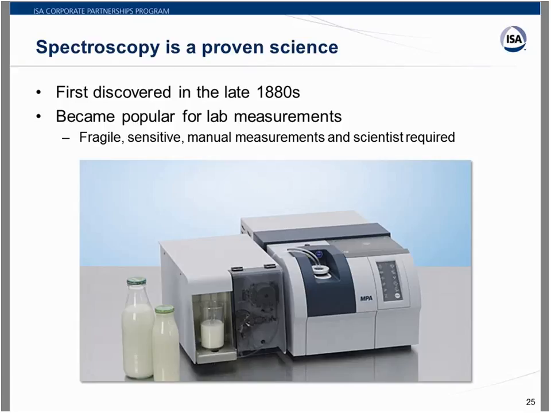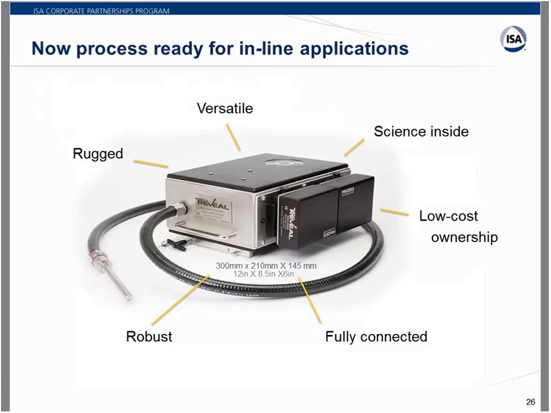But there are now ways that you can actually put this into process, and in order to put this into process, you have to make it rugged, versatile, everything. It's usually helpful if everything is in one box, because then you're not taking up huge amounts of space. You want fairly low cost of ownership, fully connected to everything, and very robust measurements.